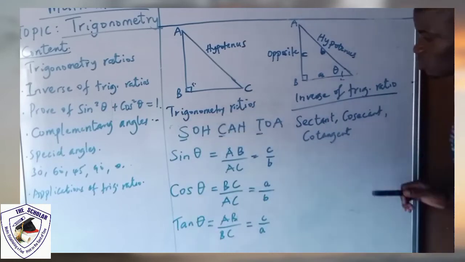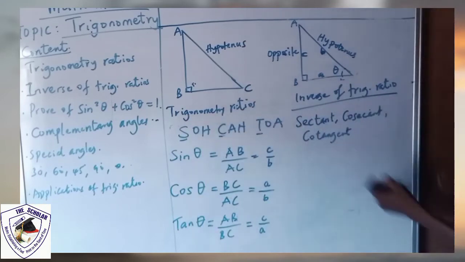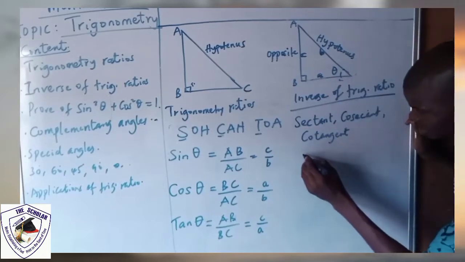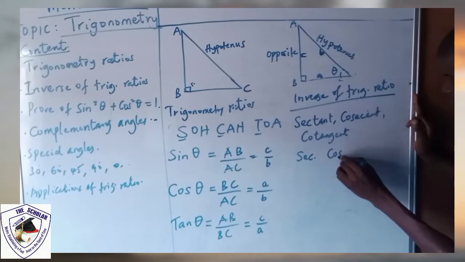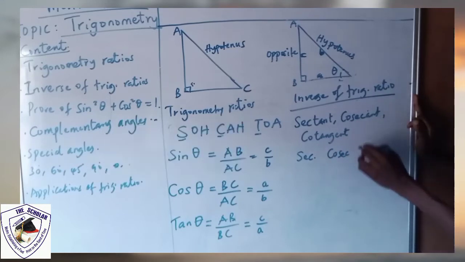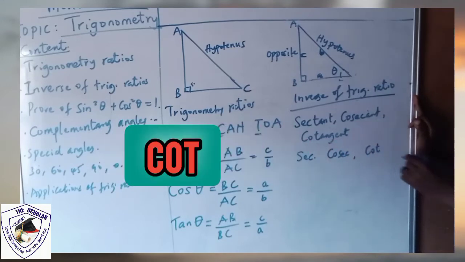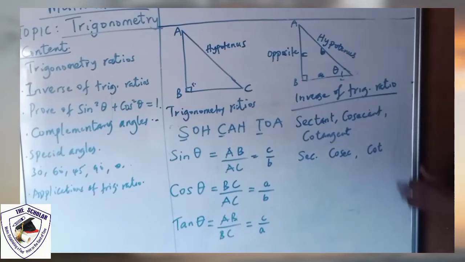Just like I did for the others, we use the first three letters. So secant we abbreviate as sec, cosecant as cosec, and cotangent as cot. These three are what I'm going to be using henceforth for our inverse.